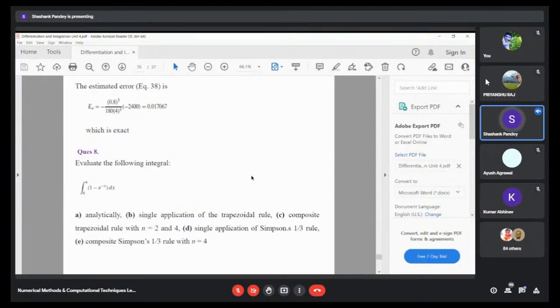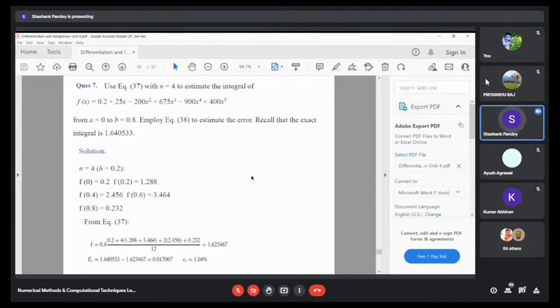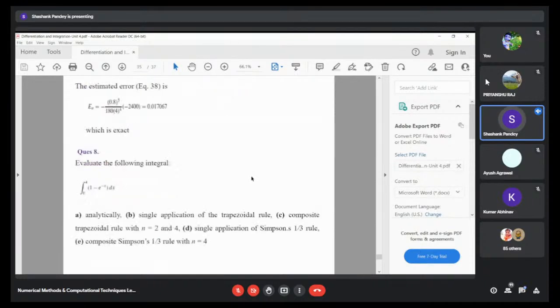Once we talk in terms of approximate error, again it can be easily calculated, which is 0.017067. You can see here that the true error which we were getting was 0.017067, and the error computed using the approximate error is also the same.